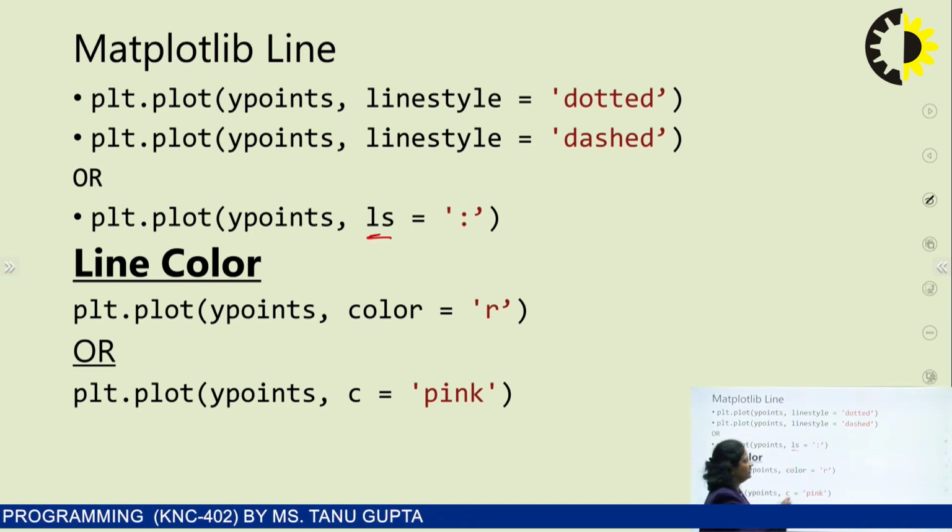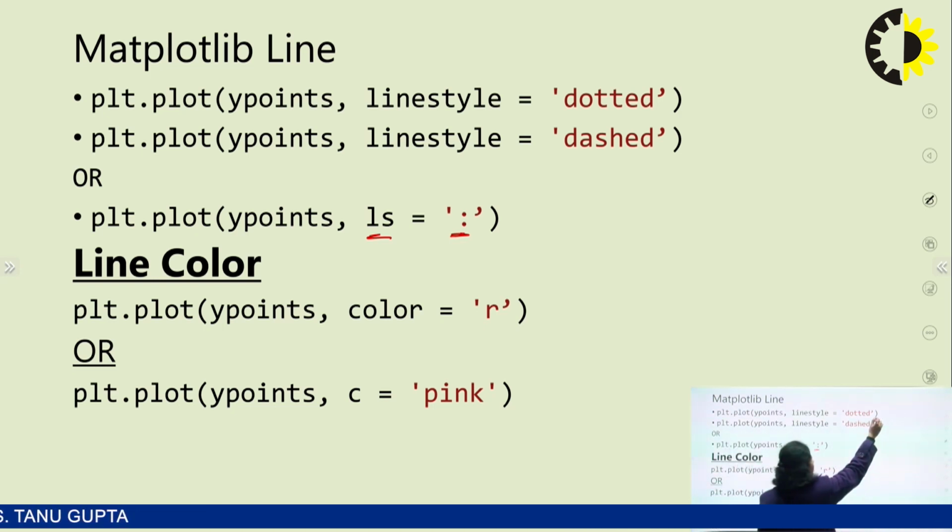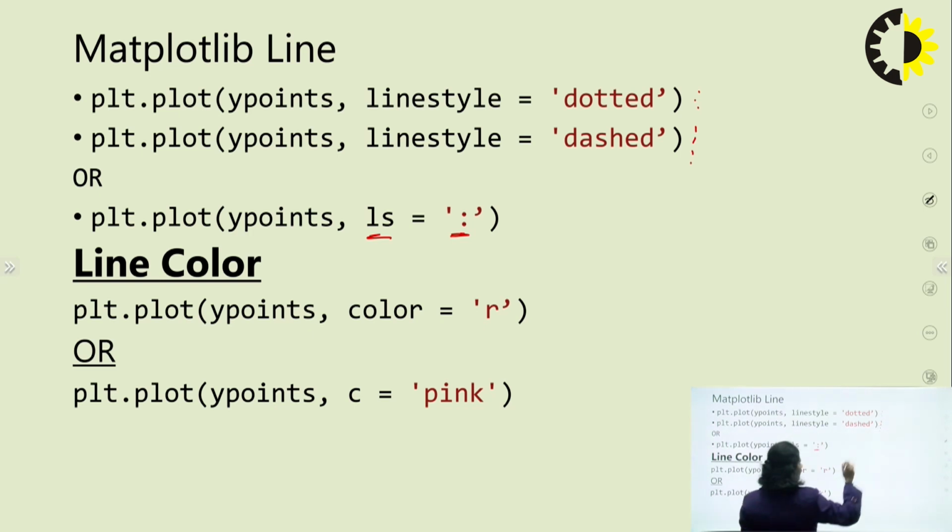For the line style, we have dotted and dashed. In the dotted, the line looks like this, and the dashed line looks like this. You can write linestyle equal to dotted like this, or you can also write this. Both are valid.